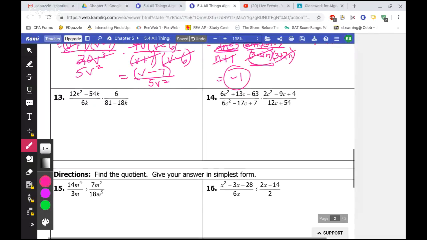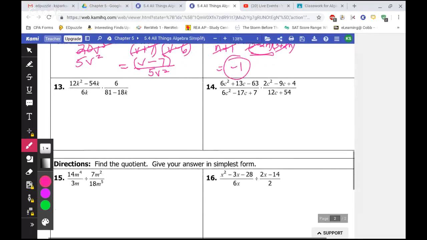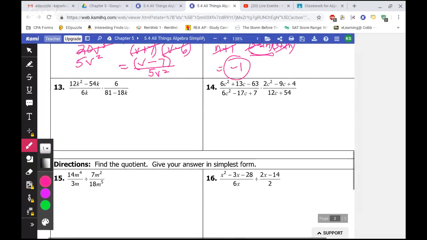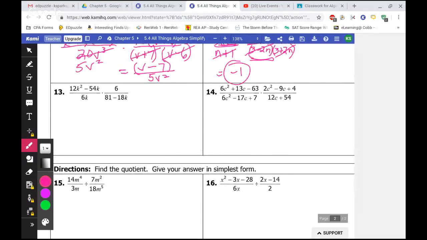I don't see anything particularly unusual about 13 at all. Could you do 14? I can do 14, but number 13 is pretty straightforward compared to the other ones we're doing. So I will go ahead and break down number 14.